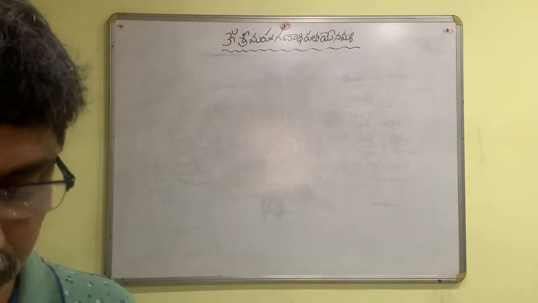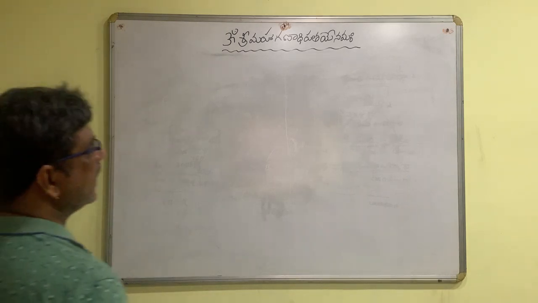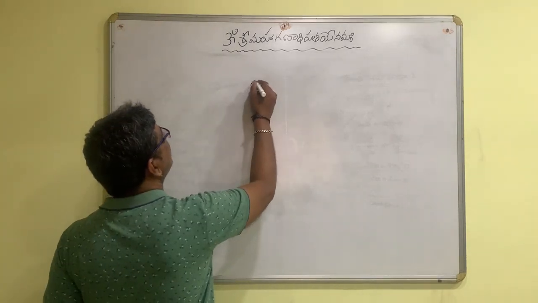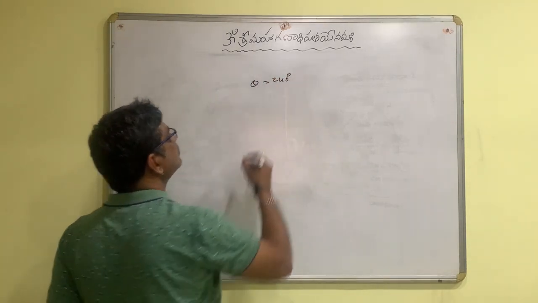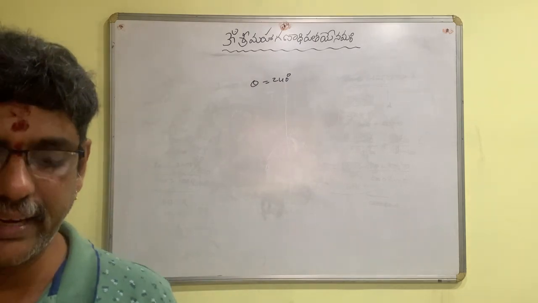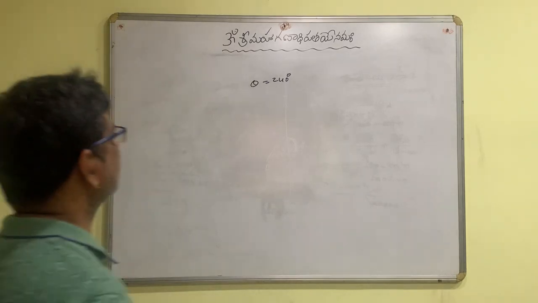If another circle of the same area as the sector is formed, the radius of the new circle is... Sector angle 240 degrees and radius 100 centimeters.